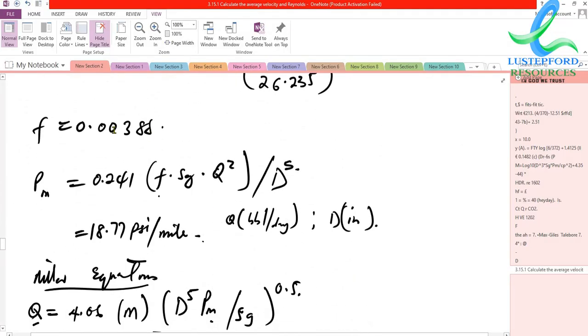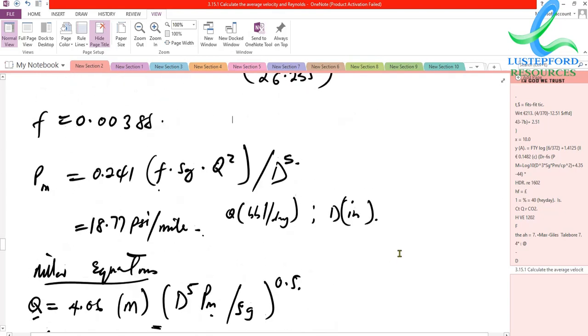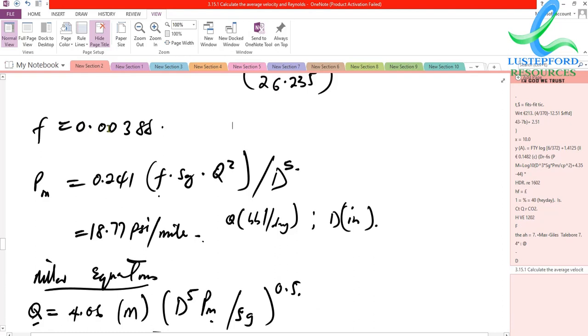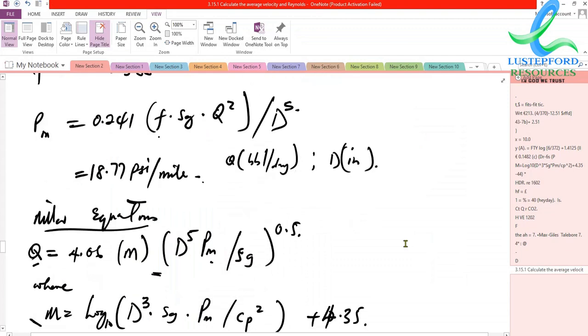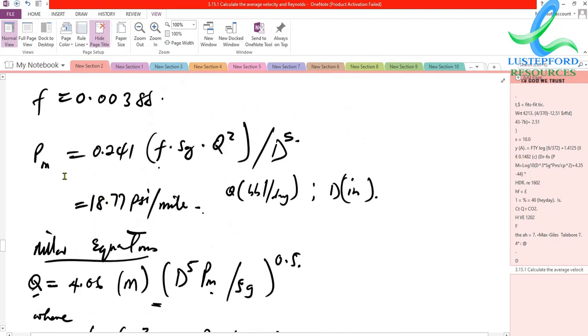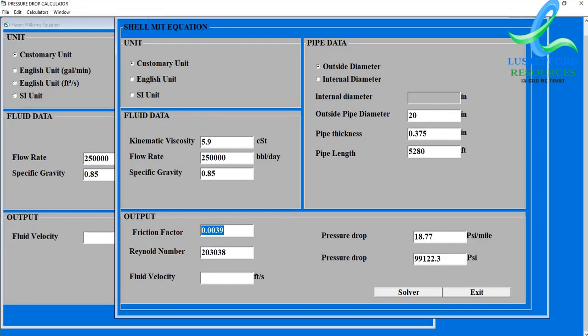Okay, so this is correct. We got 0.00388 here, or here we got 0.0039, so it's correct. Now we have this PM as 18.77, and here we have 18.77, correct.